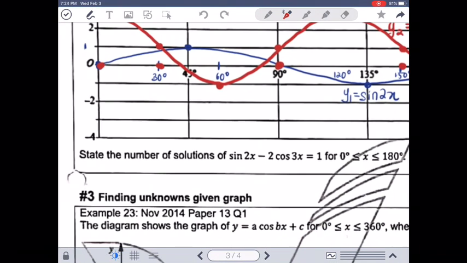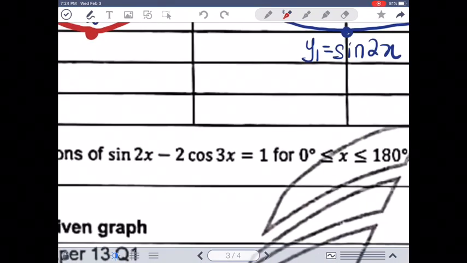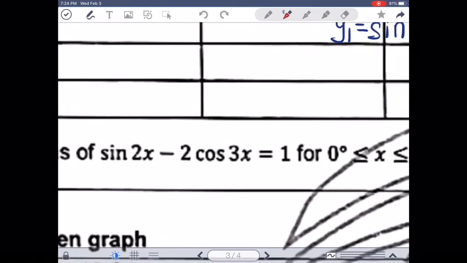Okay, for the last part, state the number of solutions of sine 2x minus 2 cos 3x equals 1.